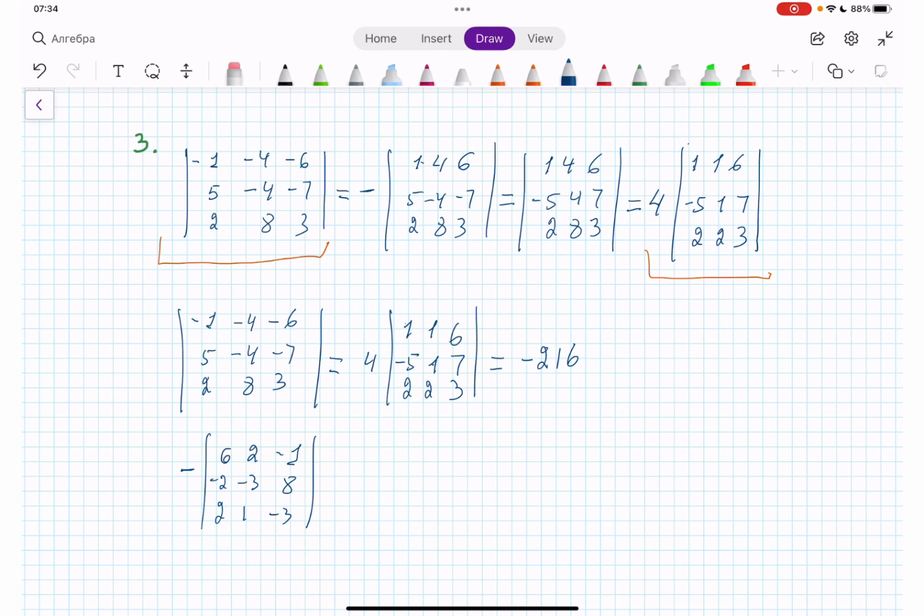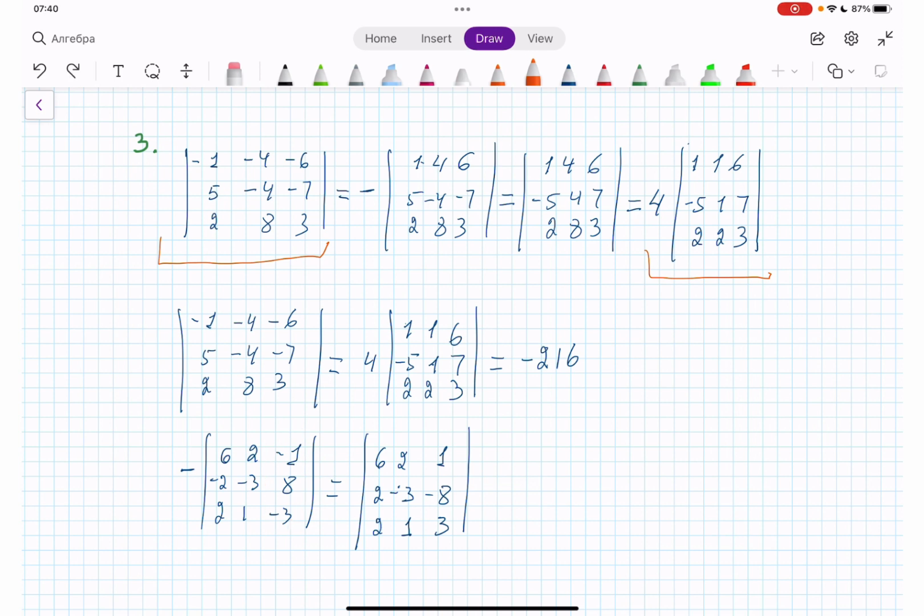Well, I can change and get 6, 2, 1, 2, negative 3, negative 8, okay, and 2, 1, 3. What did I change in this case? I got rid of the negative sign in the column.